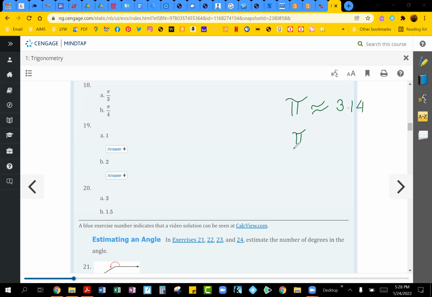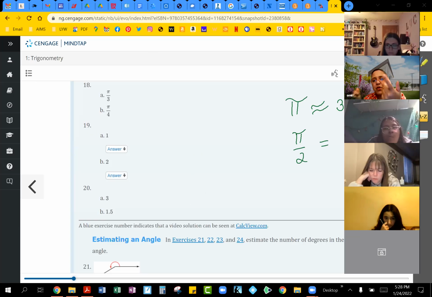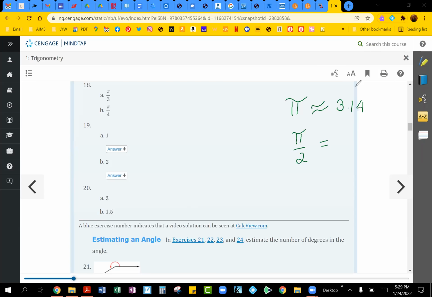So think about where pi halves should fall. If pi is 3.14, what is pi half? So for our 90-degree angle, it should be 1.5 something, because half of 3 would be 1.5, and then for 0.14, this will actually be an approximate answer also, 1.57.